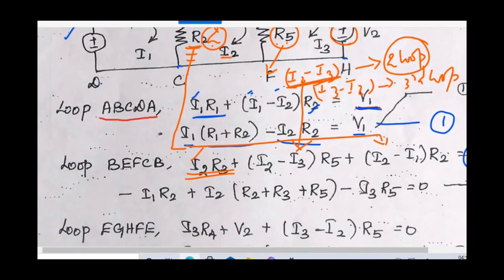Here we have the I2 current, taken as common: I2 into R2 plus R3 plus R5. Then minus I1 R2, then minus I3 R5. There is no potential rise, so that is equal to 0.